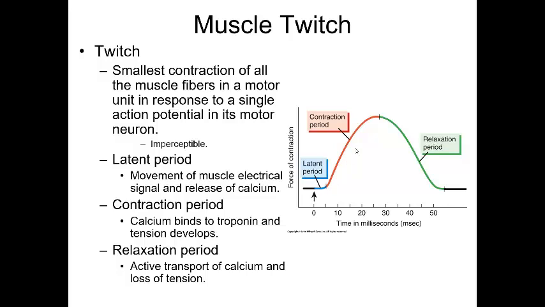The contraction period is when the power stroke is taking place and the tension develops. Calcium binds to the troponin, the tropomyosin is shifting, so that is when tension is developing. And relaxation period is when calcium is going back into the sarcoplasmic reticulum and we are losing tension and going back towards normal muscle tone. So that whole period of a twitch takes place in about 50 milliseconds.